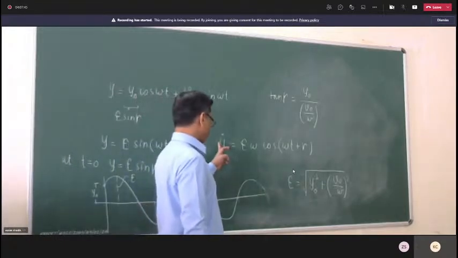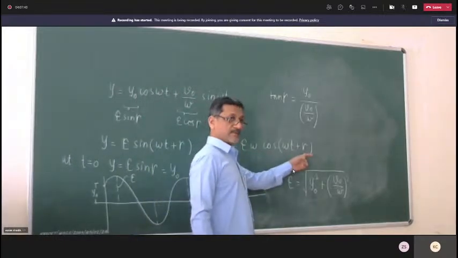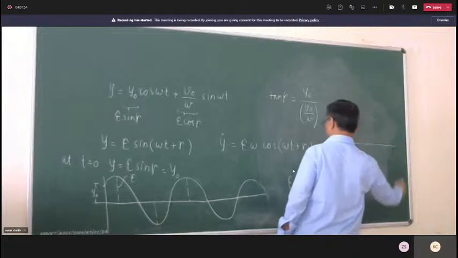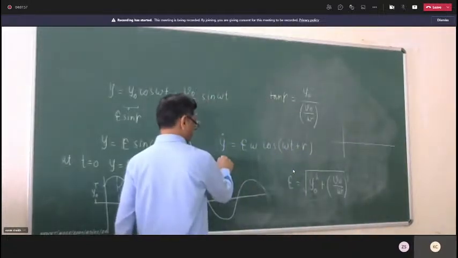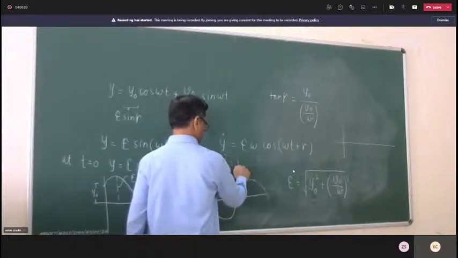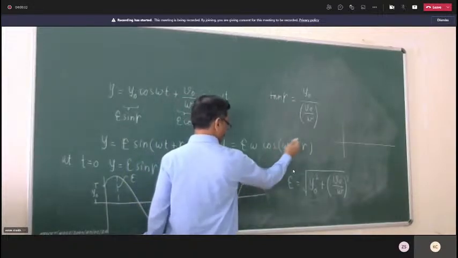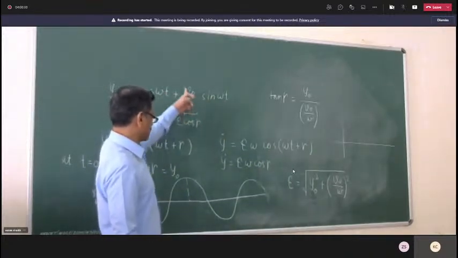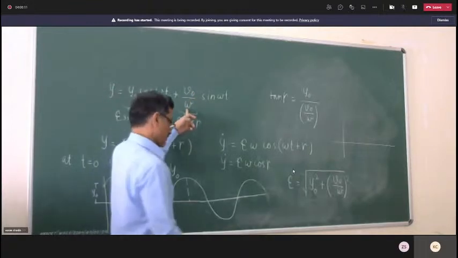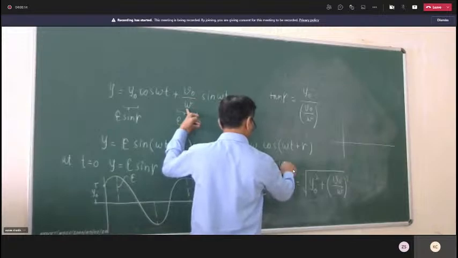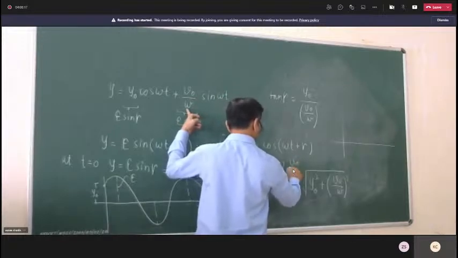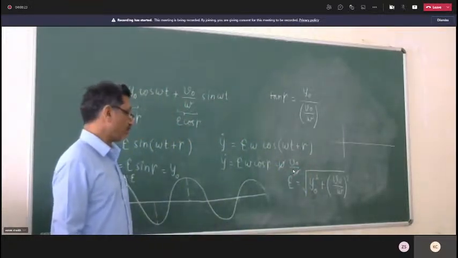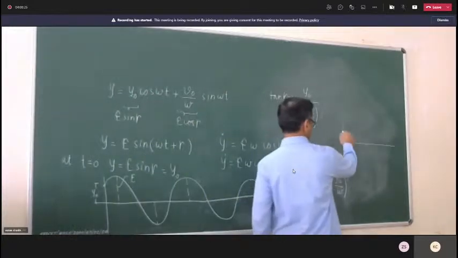So the graph of y dot is also a cos graph, and it's on the positive side. And at t is equal to 0, y dot is E omega cos gamma, and E cos gamma is V0 upon omega. So it will be omega into V0 upon omega. It will get cancelled. So it is V0. At t is equal to 0, y dot is V0 and that is on the positive side.